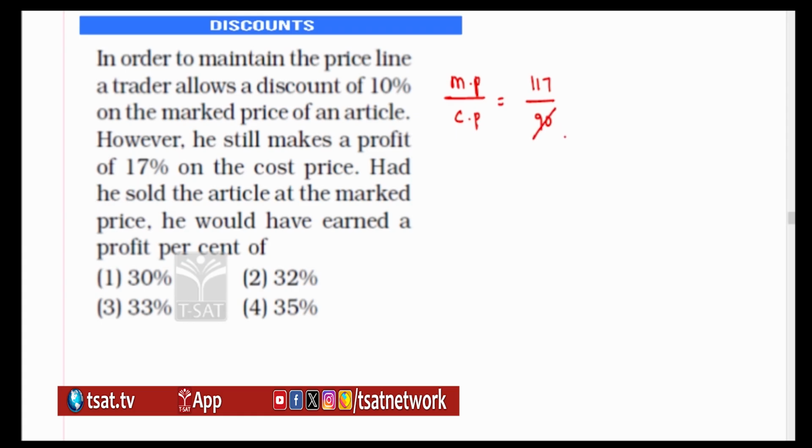Cancel it in the 9 table: 9 10s are 90, 9 13s are 117. So if you don't allow the discount, CP will be 10. You sell it for MP only. MP becomes SP when discount is 0. So straight away you are getting 3 rupees upon 10, that is 30% profit.